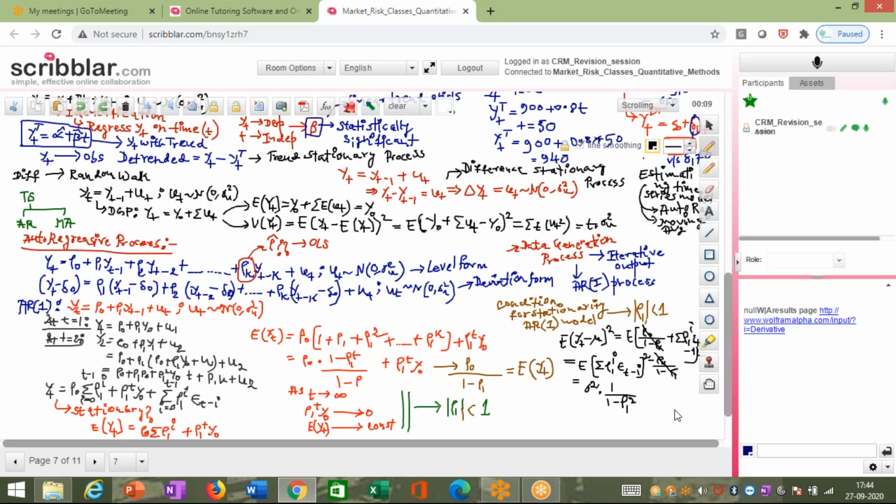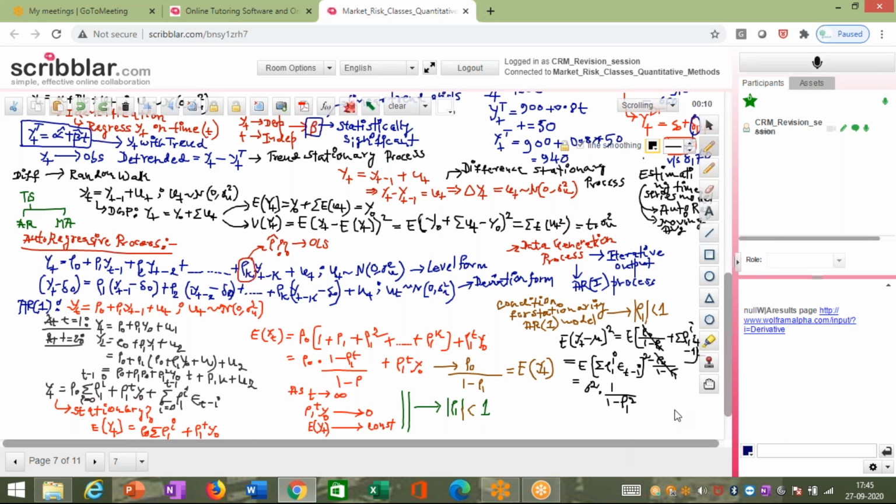If you remember when we saw the random walk process, the mean was dependent on y0, the initial condition, and there was a trend in the variance. But over here that particular trend is not there for a univariate series, and the mean is actually constant.